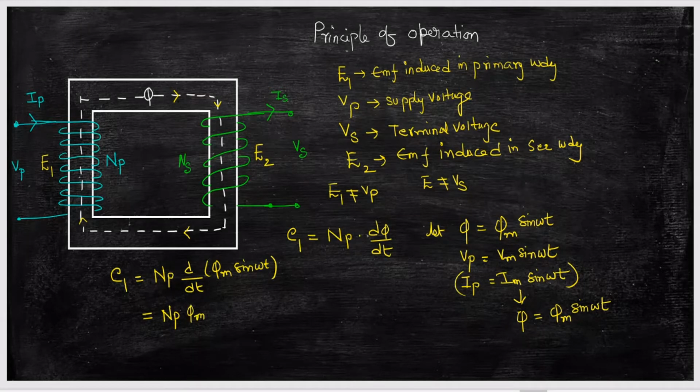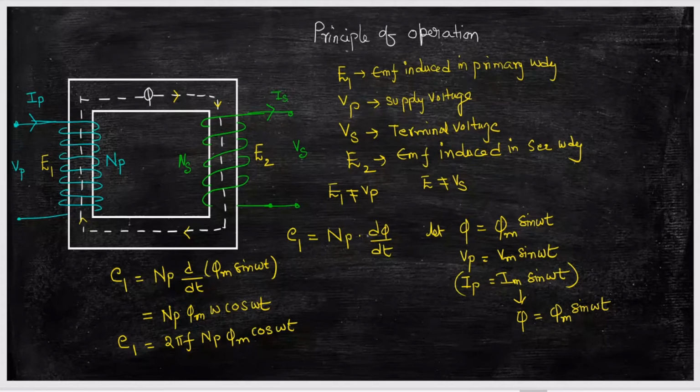The derivative of sin omega t is omega cos omega t. What is omega? 2 pi f. So E1 is equal to NP phi m omega cos omega t. This is the EMF equation of the primary side.